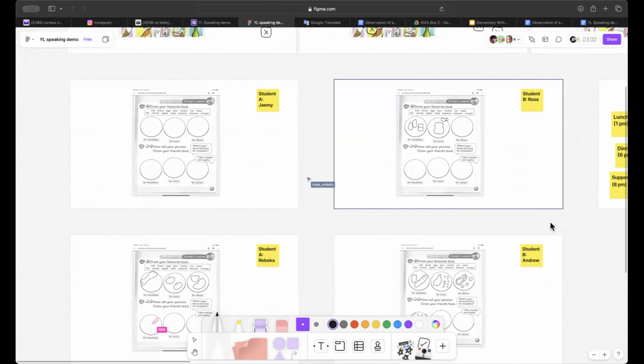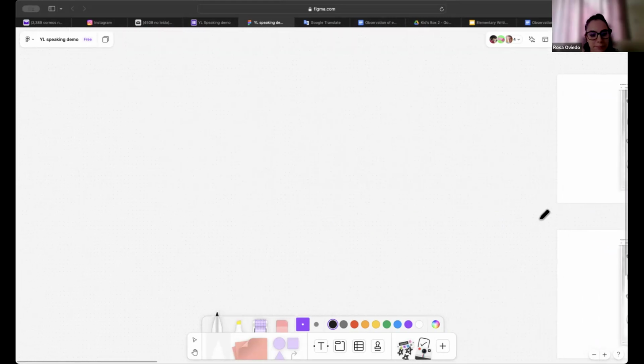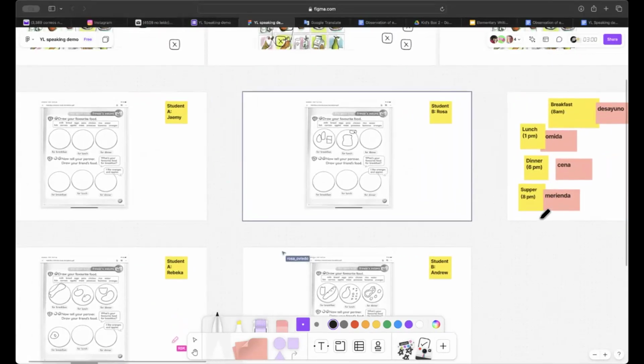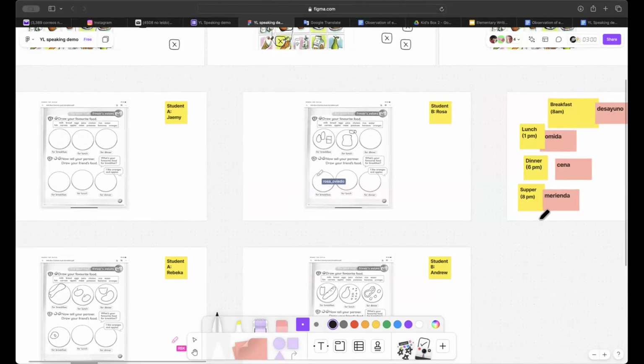What's your favorite food for breakfast? I like eggs and a glass of milk. And what's your favorite food for breakfast? My favorite food for breakfast are apples and a glass of milk. What's your favorite food for lunch?